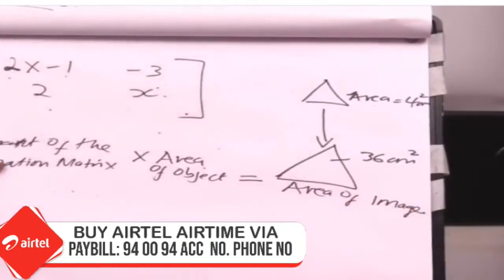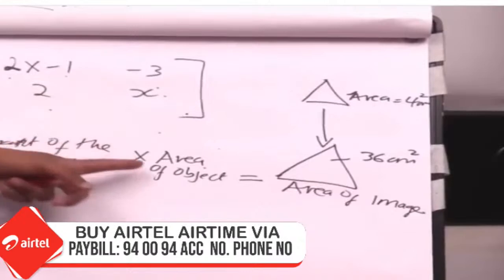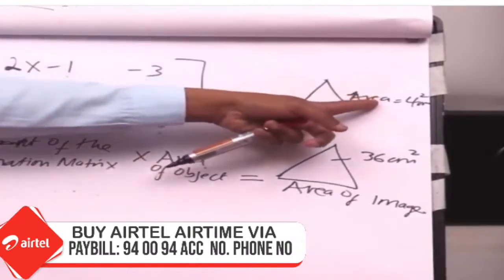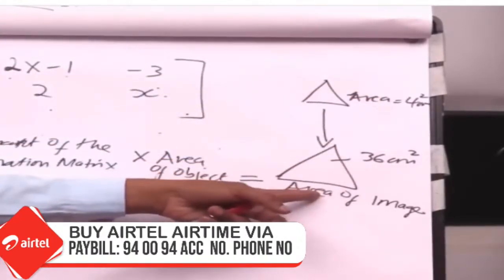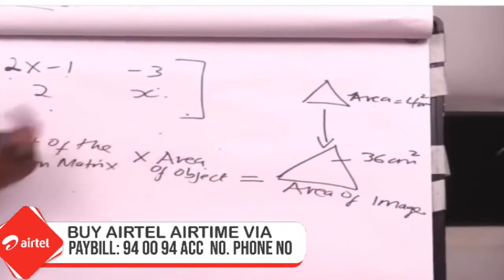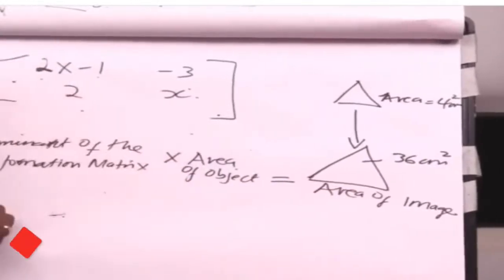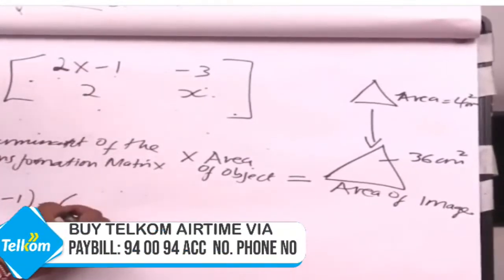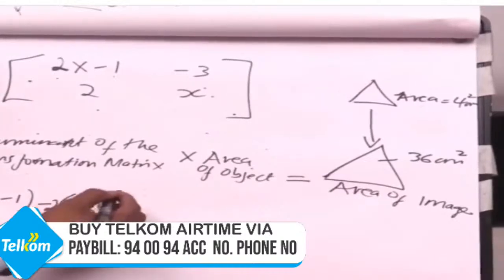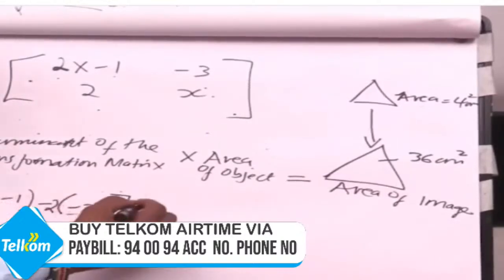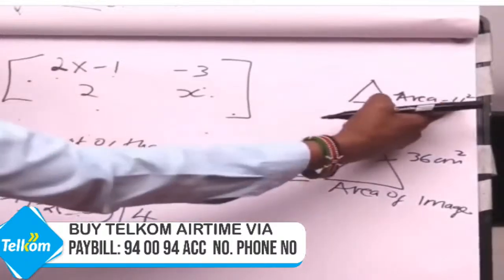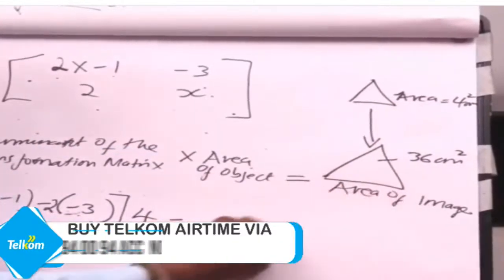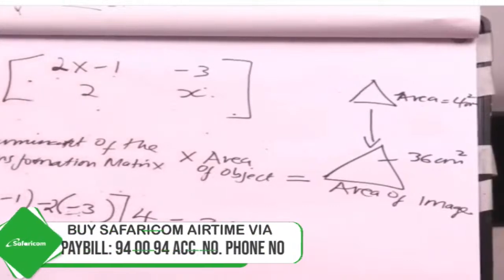So the determinant of this matrix times this area of the object equals to the area of the image. So the determinant here is x, the leading diagonal, into 2x minus 1 minus 2 into minus 3. This is the determinant. This determinant times the area of the object, which is 4 centimeters squared, equals to the area of the image, which is 36 centimeters squared.